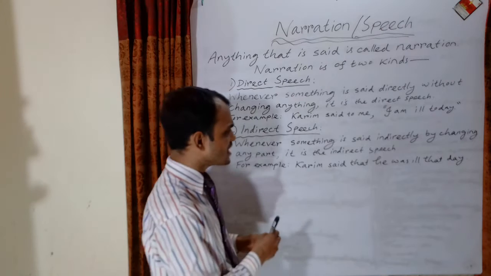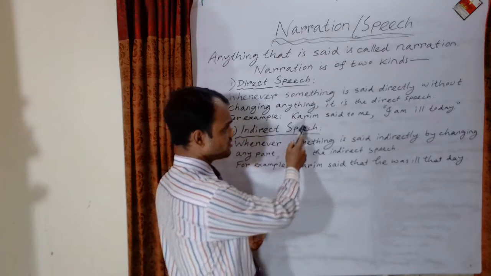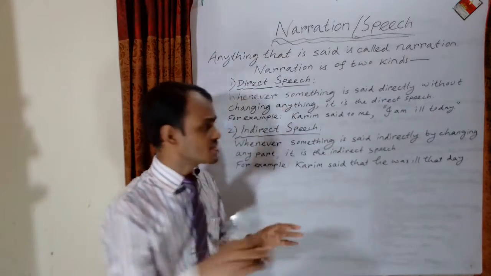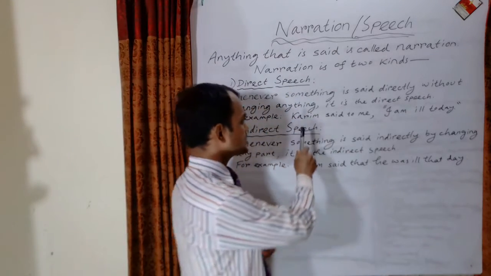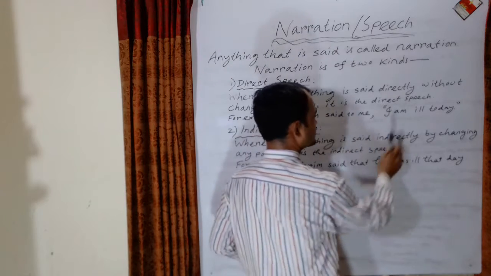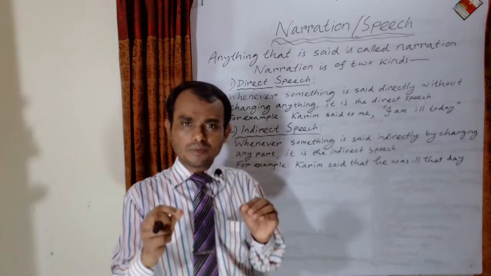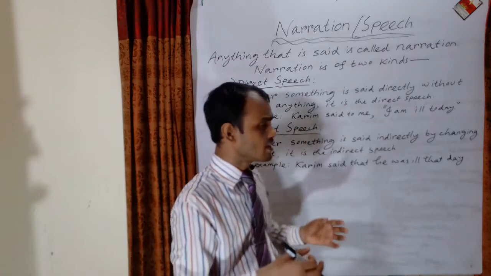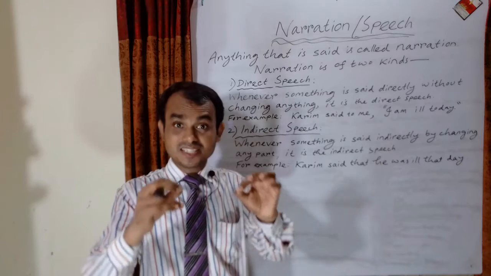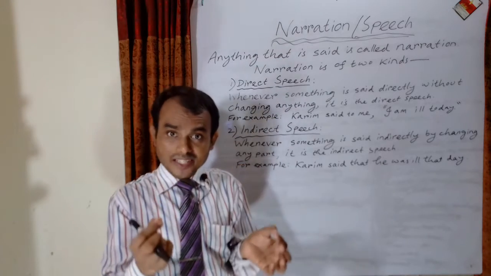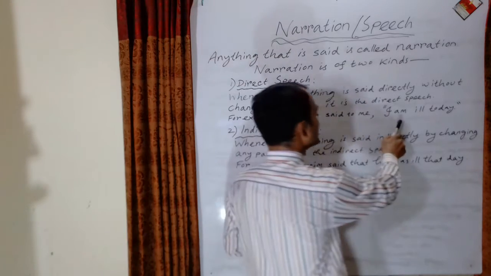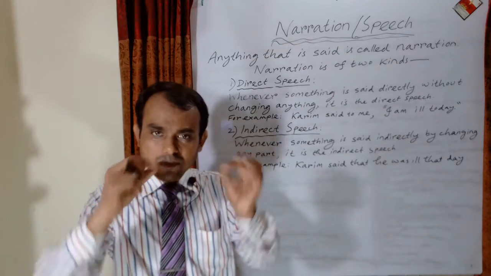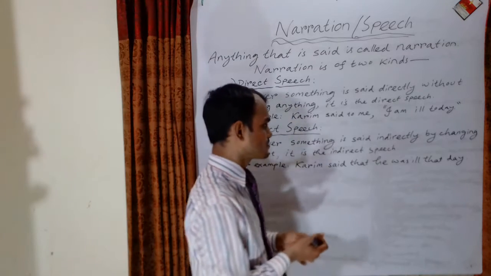Okay. Dear students, Karim said to me, "I am ill today." There are two parts in this sentence. Whenever any speech is identified with inverted commas, it is the direct speech. "I am ill today" is identified with the inverted commas, so it is the direct speech.